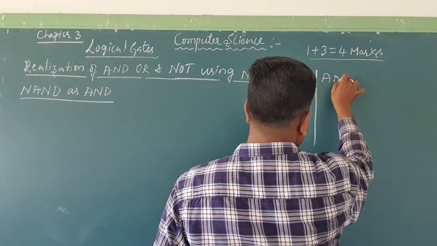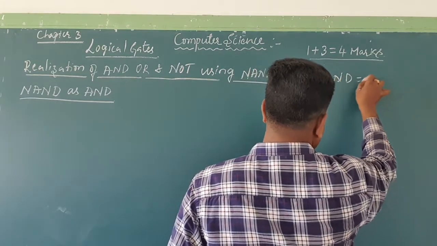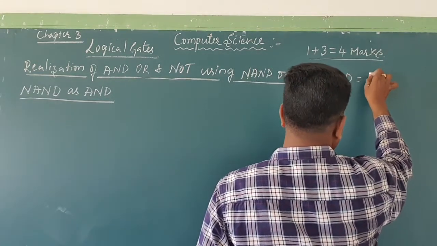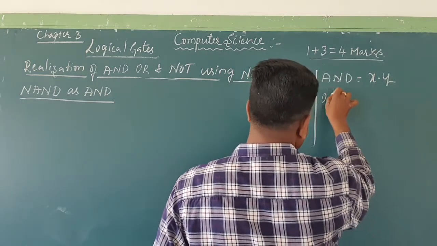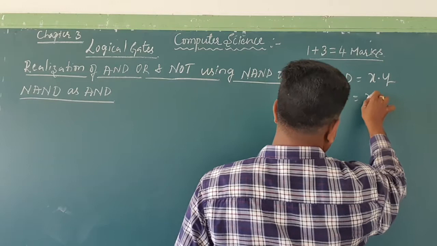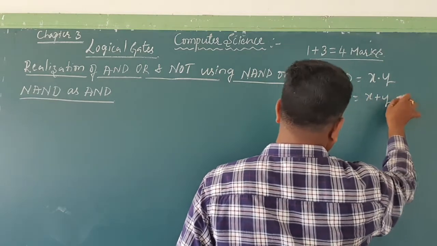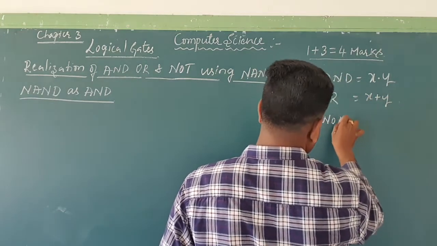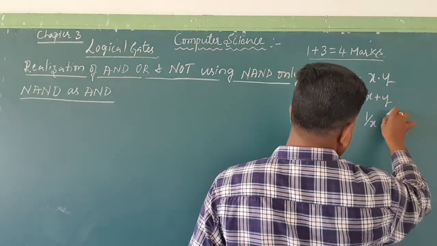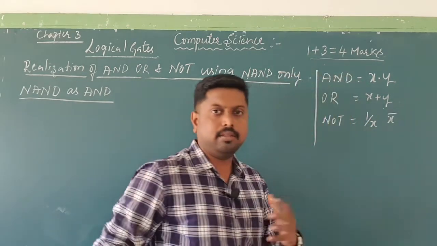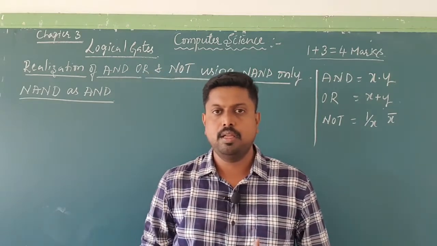AND means the result for x and y inputs is x into y. For OR it is x plus y. For NOT it is the inverse, 1 over x, or x bar. Like this we will get the results.